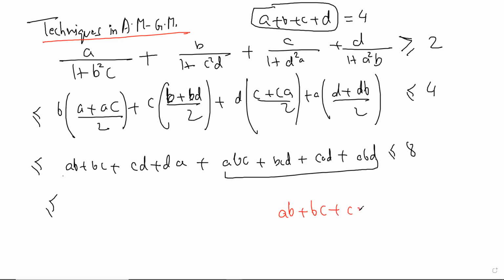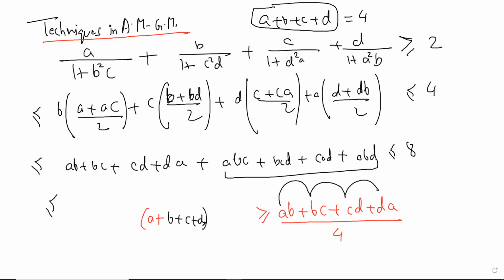When you have this inequality, this divided by 4 is going to be less than, you put these terms in one box, meaning A plus B plus C plus D divided by 4, and then you take the average of the other part, that is b plus c plus d plus a by 4. Have you seen this type of inequality before?